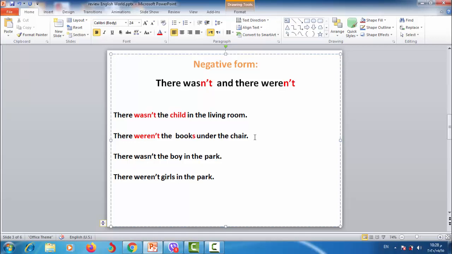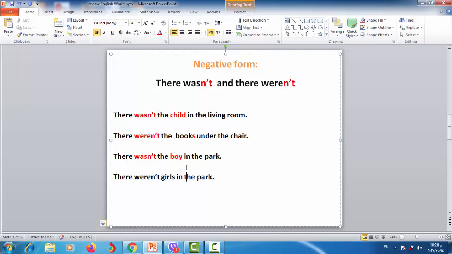The third example: there wasn't a boy in the park. Why wasn't? Why again wasn't? We didn't say weren't because we have a boy. We don't have the plural s here.